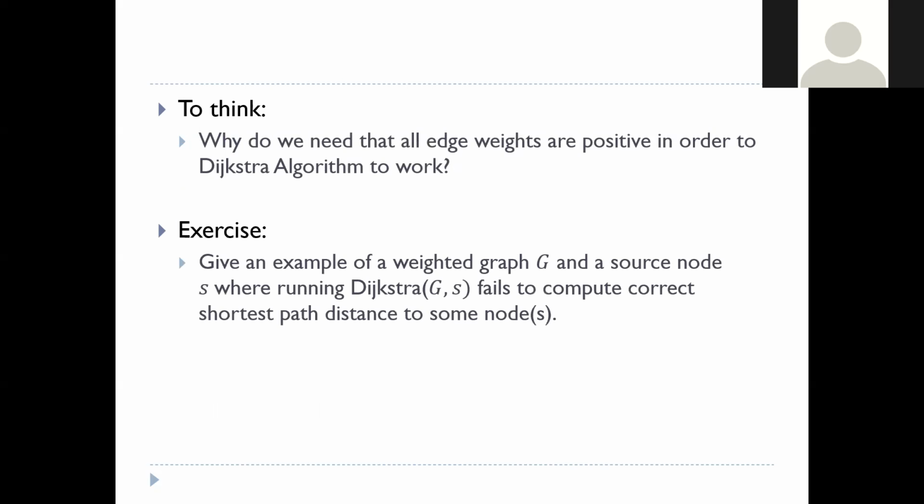I want you to think about this yourself and try to come up with an example where you have a graph G with a source node S, and when you run Dijkstra, you fail to compute the correct shortest path. Namely, you must have negative edge weights. So have an example with negative edge weights where this algorithm fails, and also ask yourself, why does it fail?